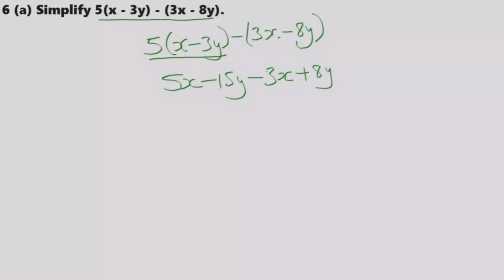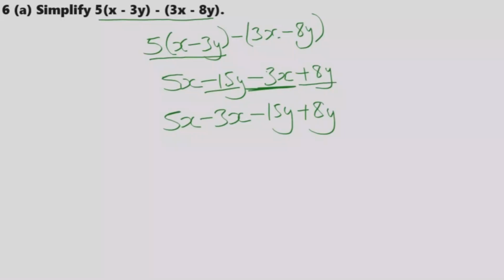So what we need to do now here is to put like terms together. So we have 5x minus 3x, which is the minus 3x I've got in there. Then we say minus 15y, then plus 8y, which is the 8y here.